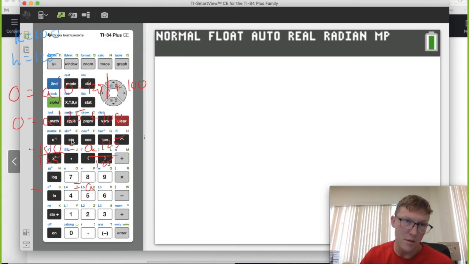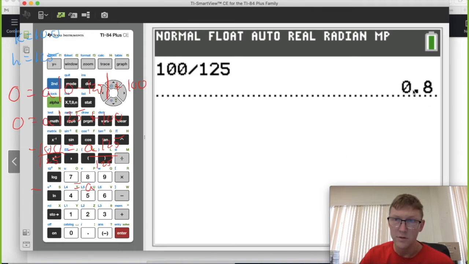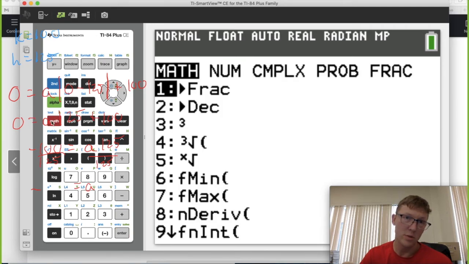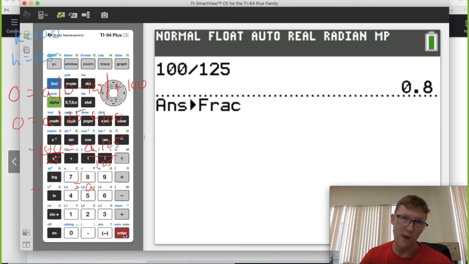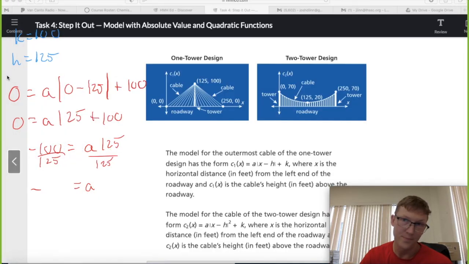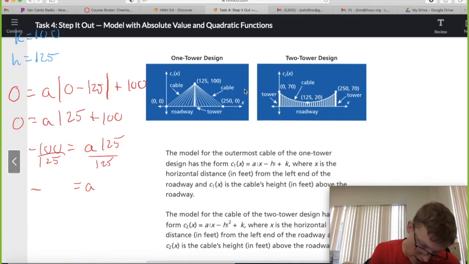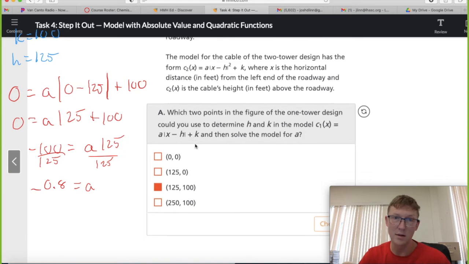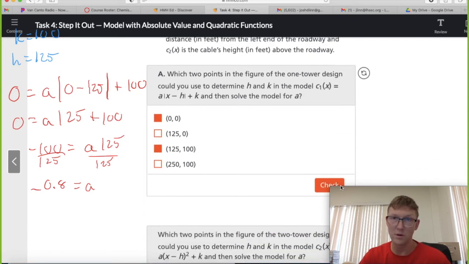I'm bad at math. 100 divided by 125. So 0.8. Or if you wanted it as a fraction, you could push math, frac, and it'll give you a fraction, 4/5. I'm just going to do 0.8 for now. So 0.8 equals a. So we use 0, 0.